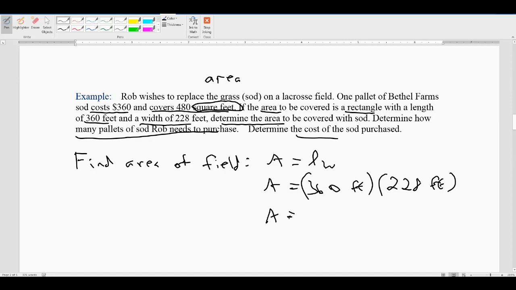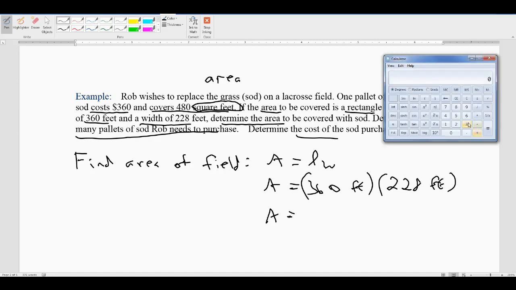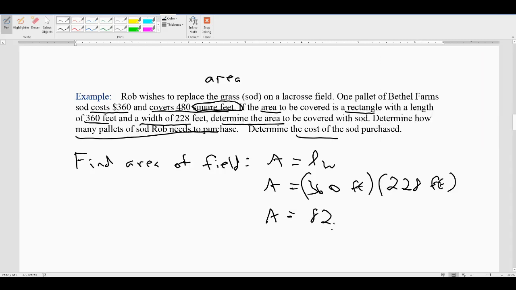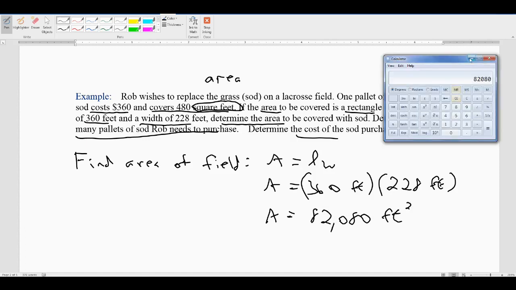So we're going to take out our calculator for sure this time. 360 times 228, and we get 82,080 square feet. And keep that there.